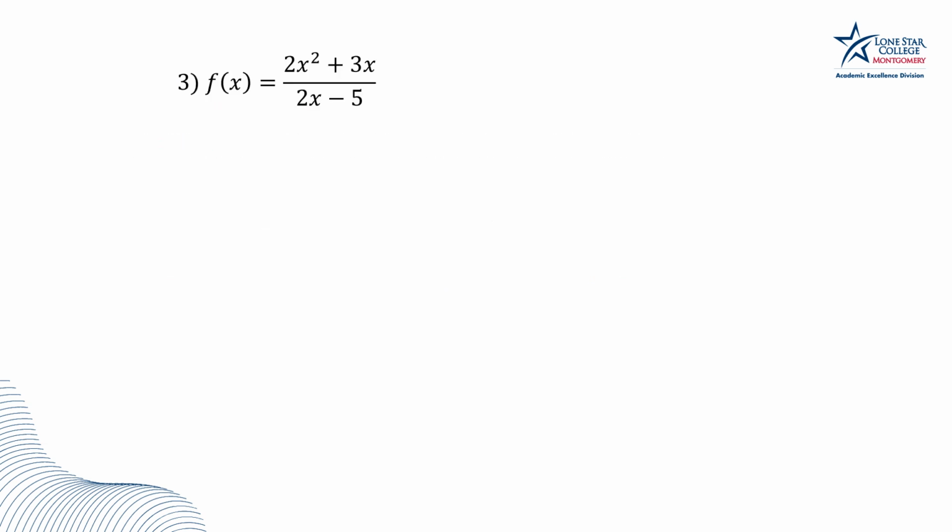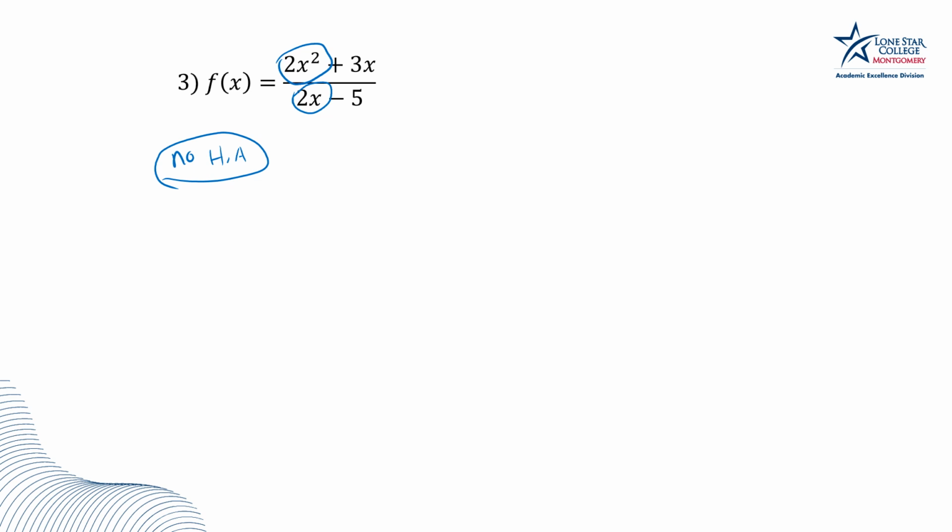For number 3, we have f of x equals 2x squared plus 3x divided by 2x minus 5. Again, we look at our leading terms. In our numerator, we have 2x squared. In our denominator, we have 2x. So the leading term in the numerator is greater than the leading term in the denominator, so there would be no horizontal asymptote.